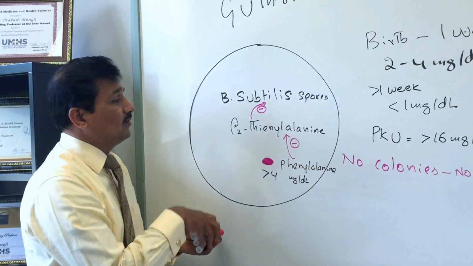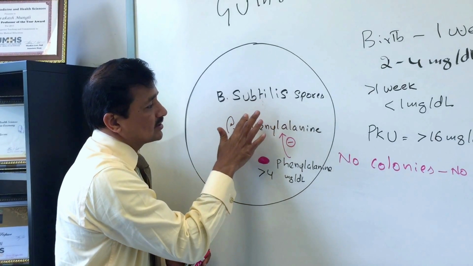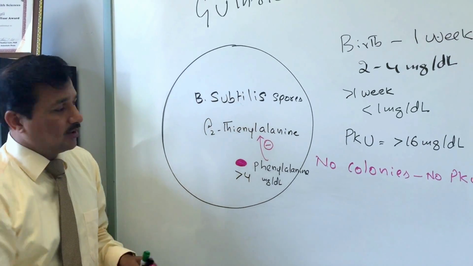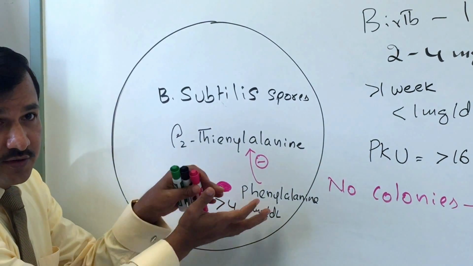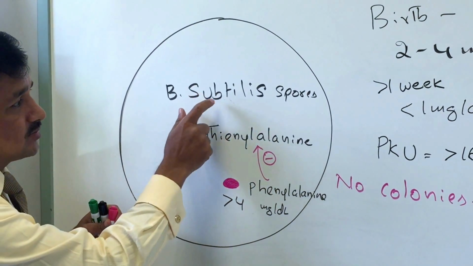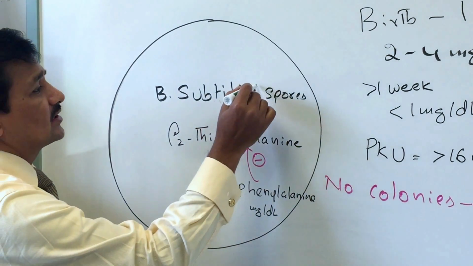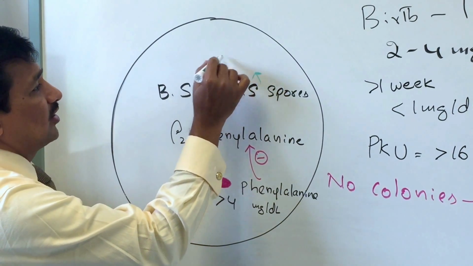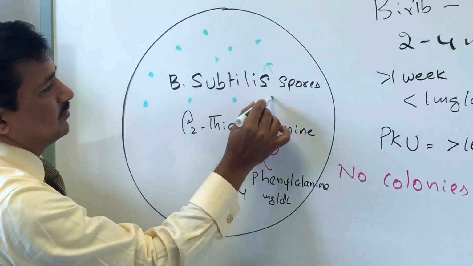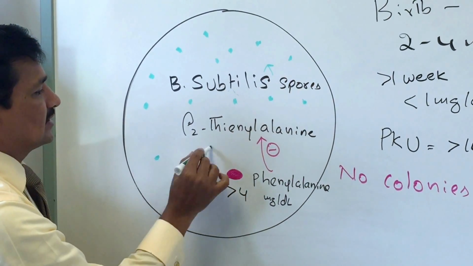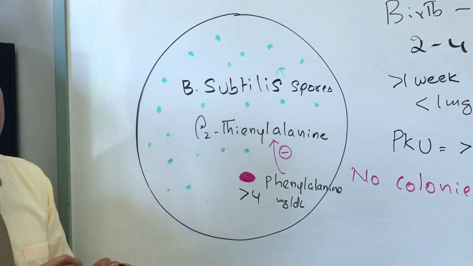It means the inhibition by beta-2-thienylalanine on Bacillus subtilis spores is taken off, because phenylalanine is inhibiting beta-2-thienylalanine at high concentration. Whenever it is at high concentration, the Bacillus subtilis spores germinate. Once they germinate, you can see the colonies. So you see the bacterial colonies. The appearance of bacterial colonies in the agar plate is a positive sign.